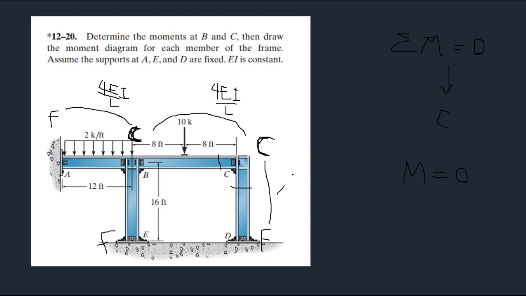So here also it is 4EI over L. L is given as 16, right? 16, 16. This one is 4EI over 2L, right? So you can determine.